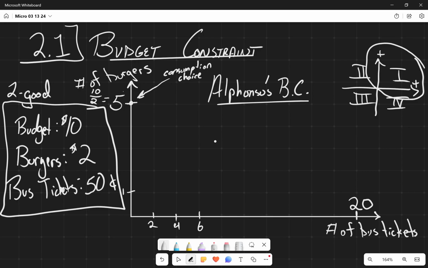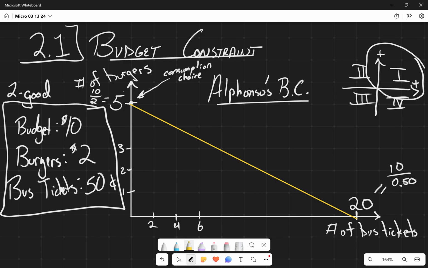And how do I get to 20? Well, 20 is just equal to that $10 budget that we started out with divided by 50 cents in the denominator. And now we're going to connect these two points. There we go.